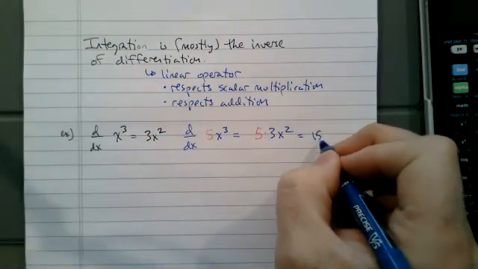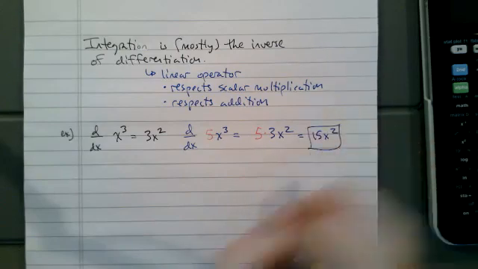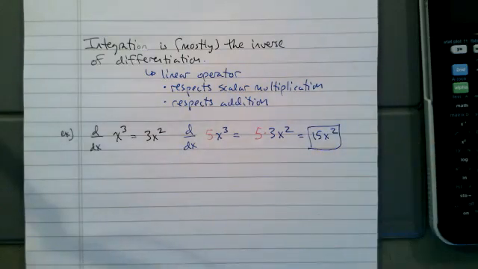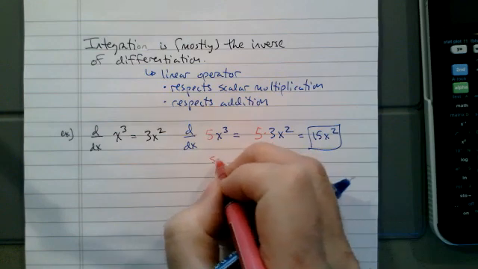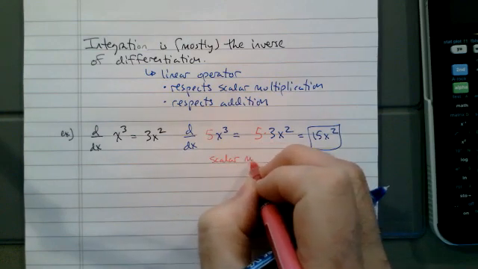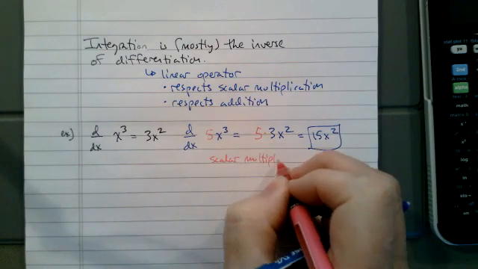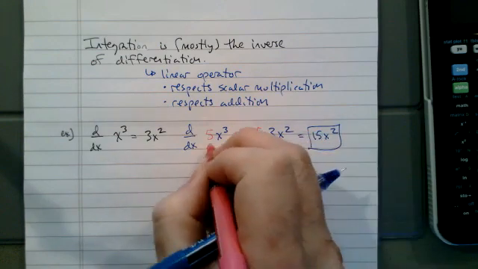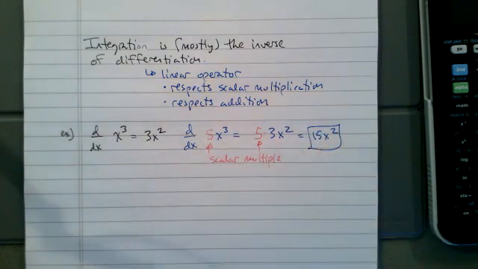So we end up with 15x squared. We just keep our constant multiples. I should have said constant instead of scalar, but I'm preloading. I'm seeing into the future when we start talking about vectors versus scalars.